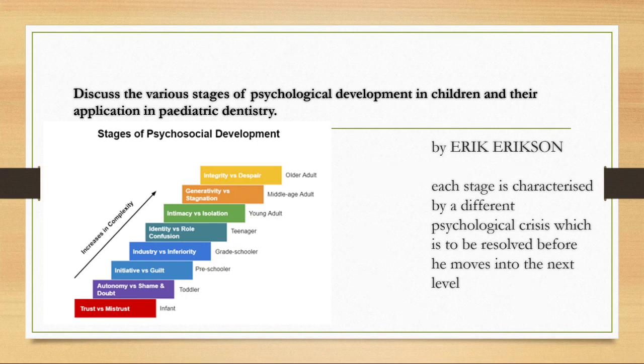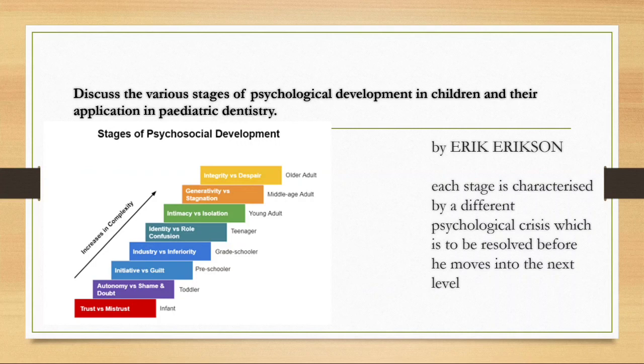Now we have the psychosocial theory, or theory of developmental tasks, given by Erikson. He explains the stages of psychosocial development like a ladder, where the bottom of the ladder is trust versus mistrust, and at the apex it is integrity versus despair.